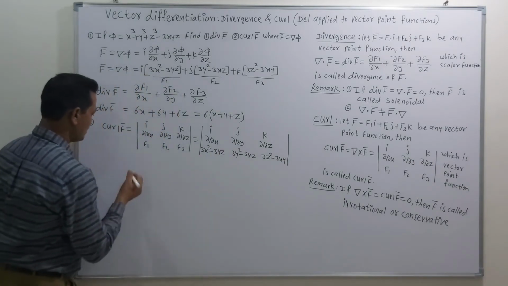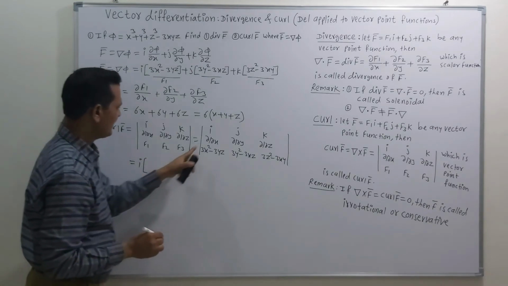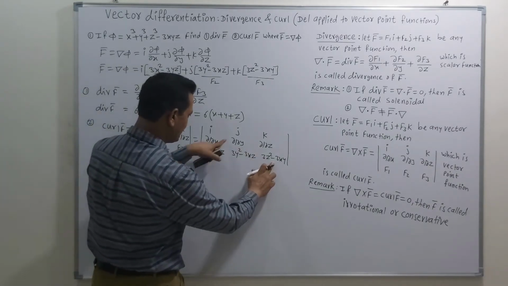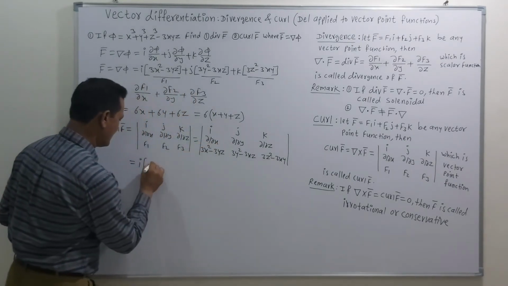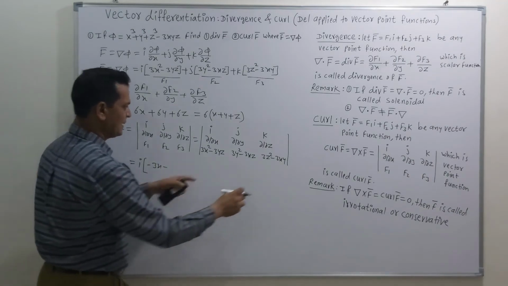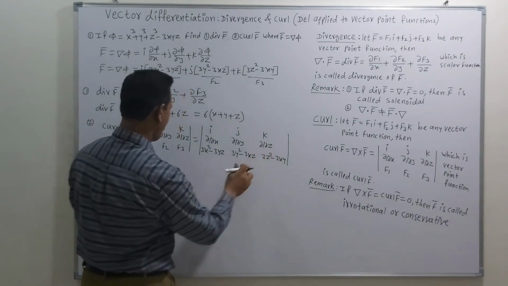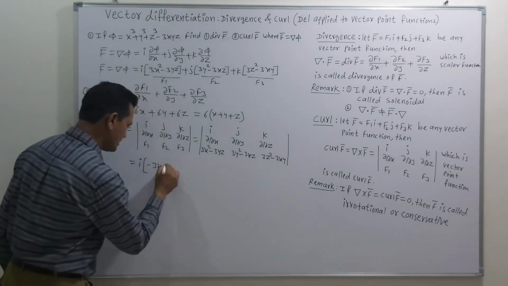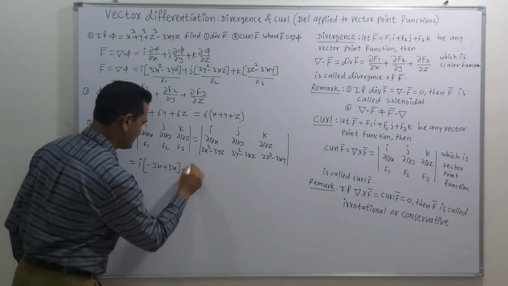So if we try to simplify this term, then we get i. While evaluating this determinant, take the partial derivative of this term with respect to y, and this term is minus 3x. Then again take the derivative of this term with respect to z, we get minus 3x, so minus minus becomes plus 3x minus 3x.